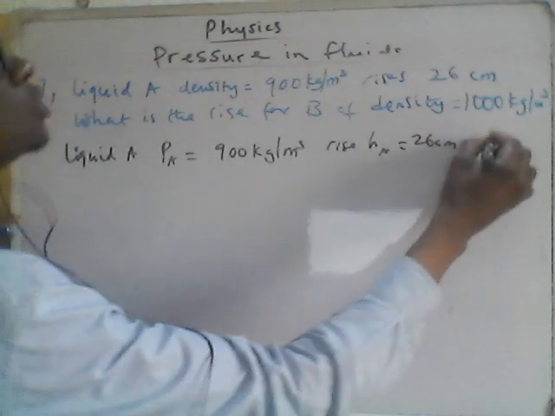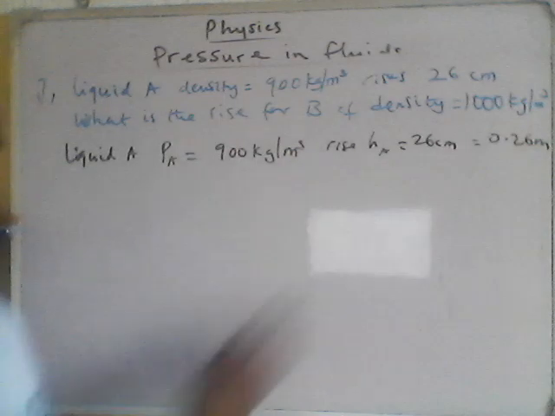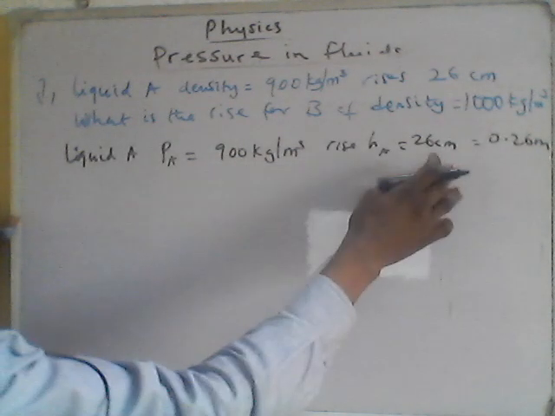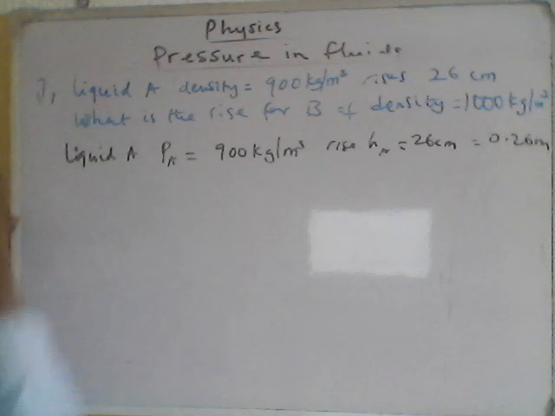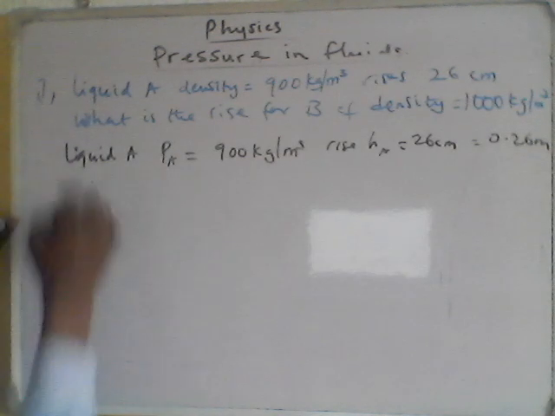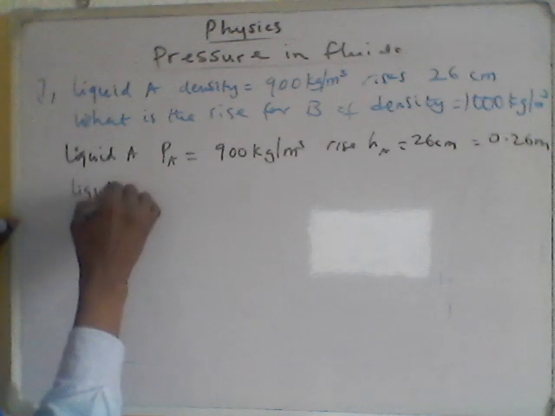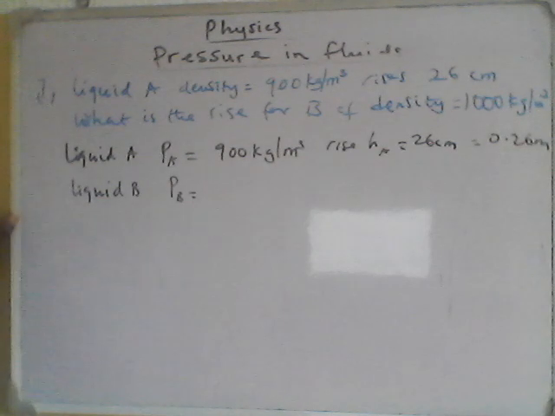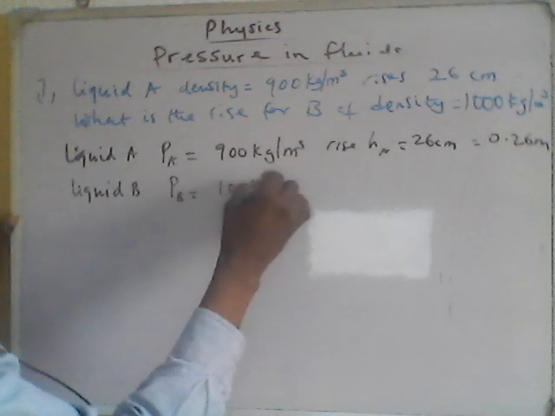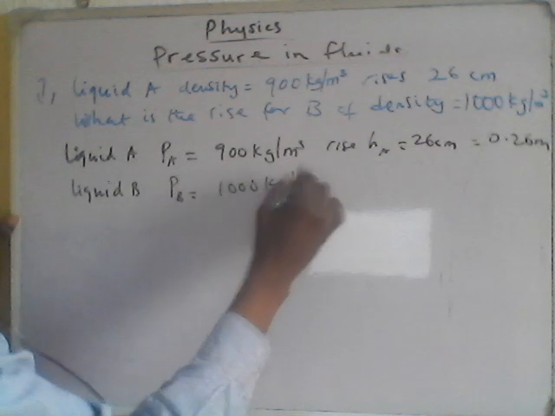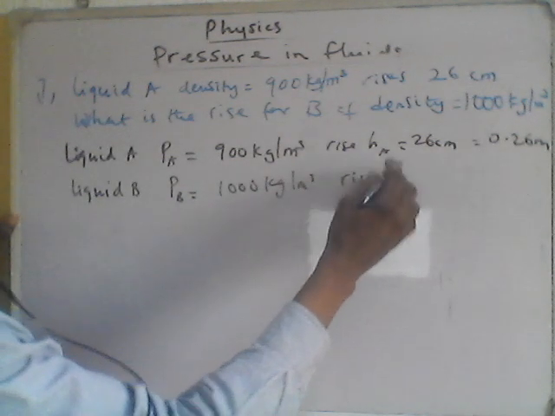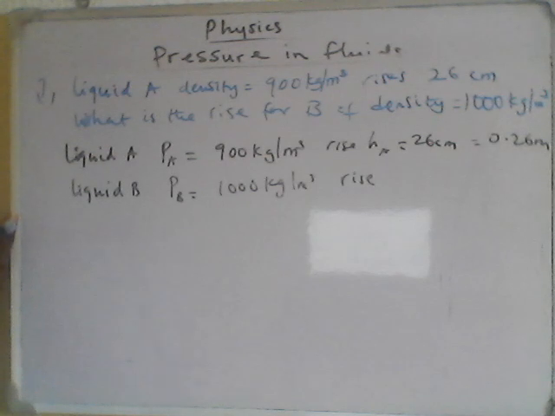When we do that, we'll get 0.26 meters. All right, so this is density, height, then there's gravity, of course. For liquid B, the density is 1,000 kg per meter cube. This is likely to be water. And the rise of liquid B is what we're looking for.